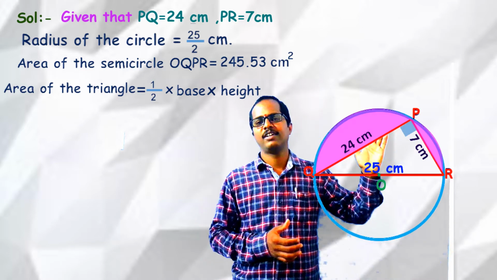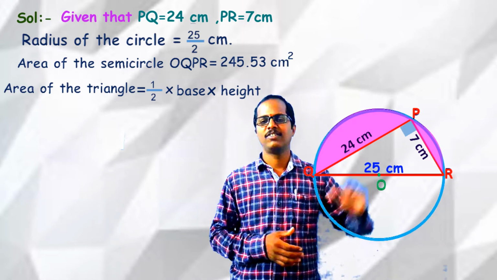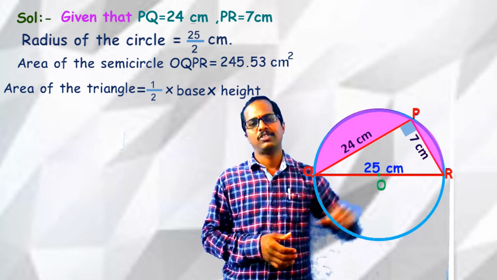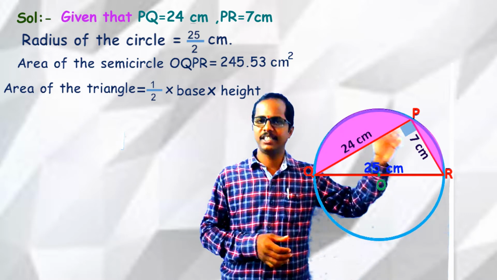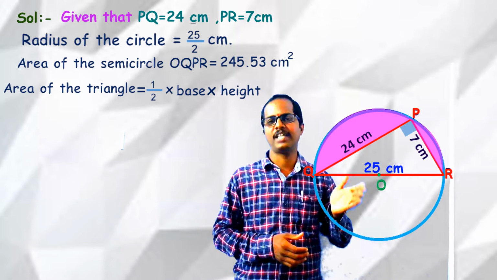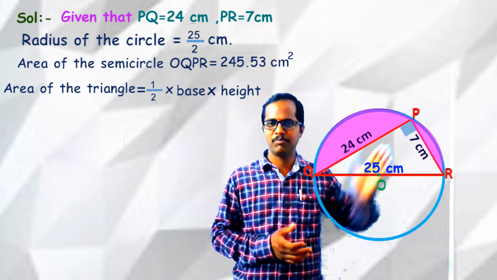Here, what are the two sides connected with the right angle? One is PQ and another is PR. These two sides can be taken as base and height. So let us consider PQ as the base and PR as the corresponding height.